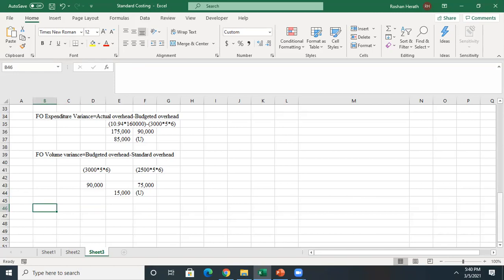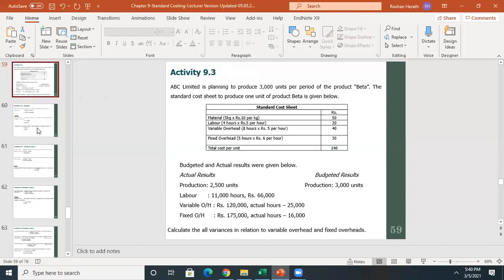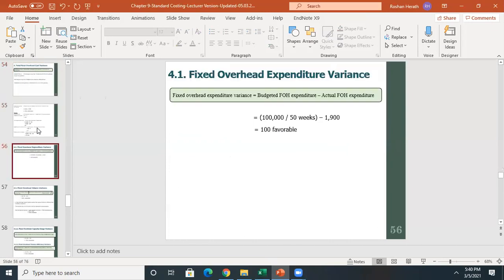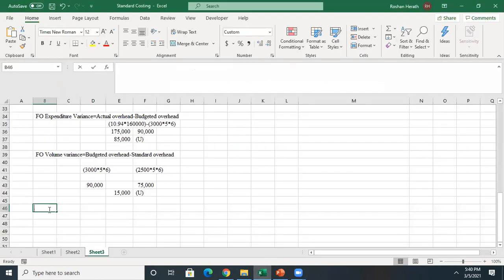It's about the capacity volume variance. No? I'll just go back. Fixed overhead volume, fixed overhead capacity usage variance can be calculated.